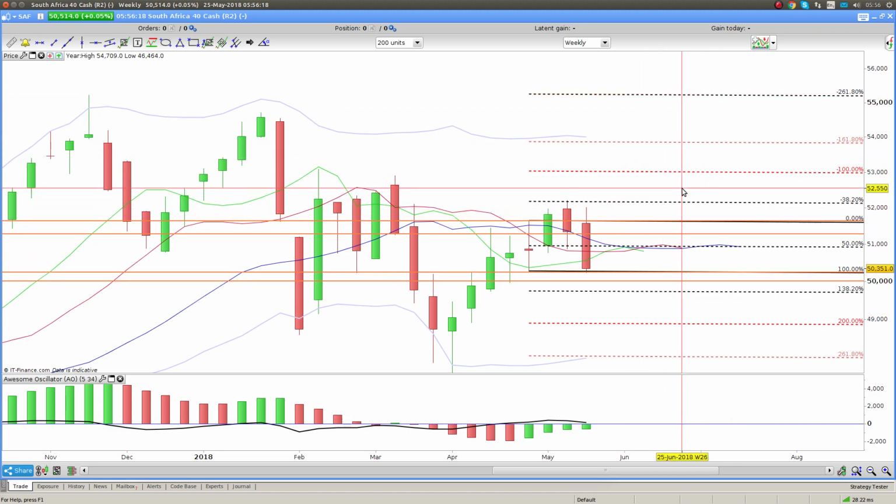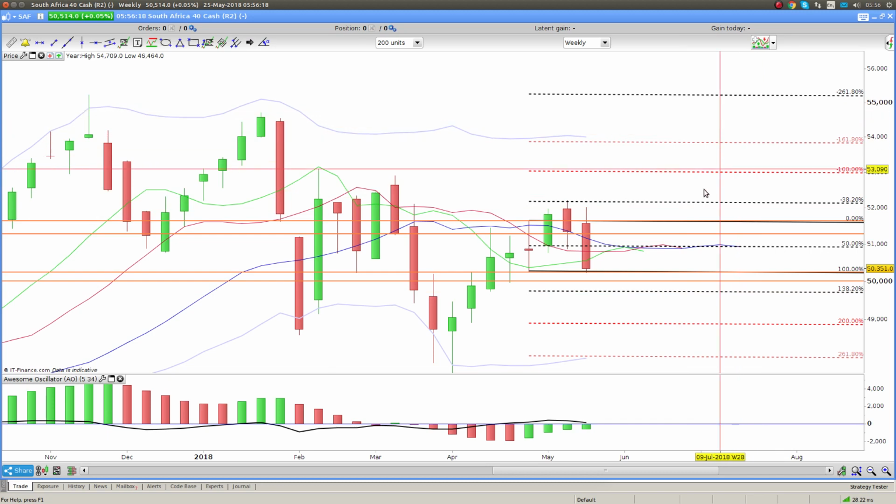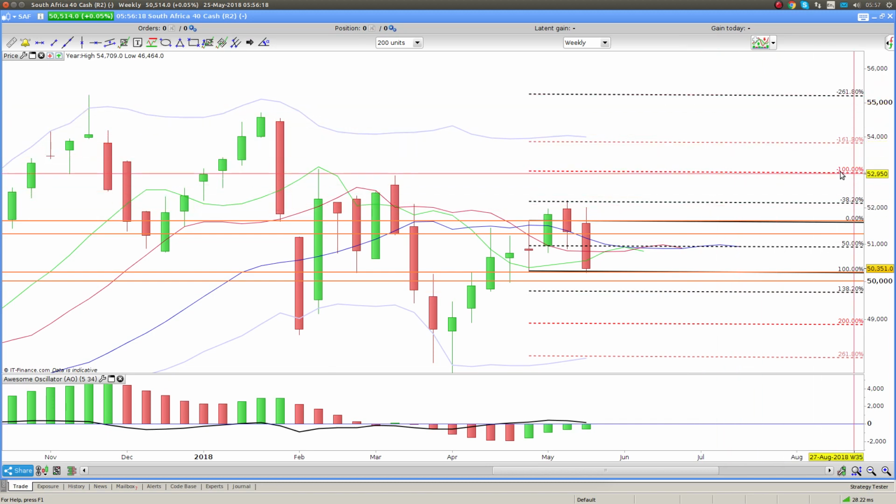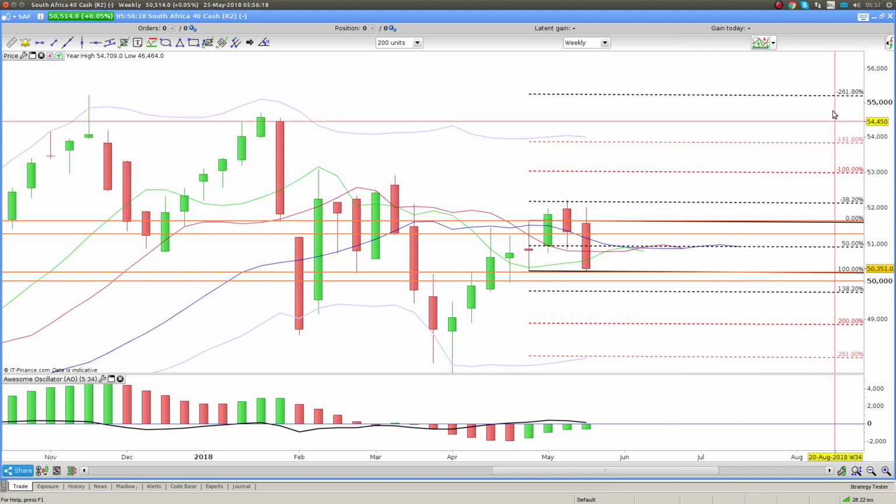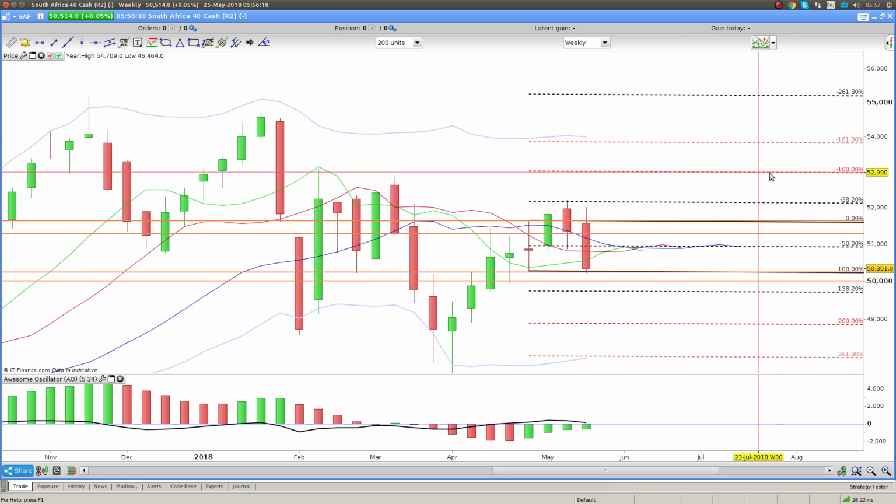So that's kind of the levels that we go to, and this 161 is really just a Fibonacci expansion. Okay, all of these levels are Fibonacci expansions. So that's kind of the move that normally happens when we break out of a range bar.